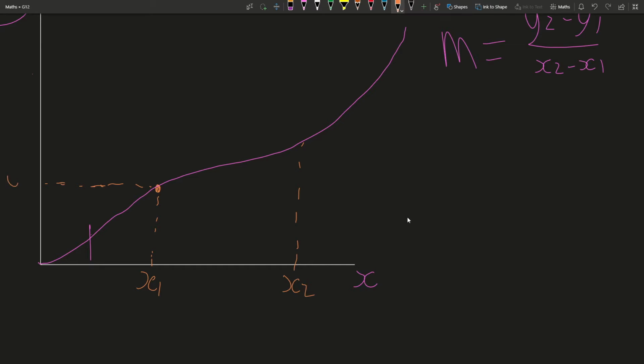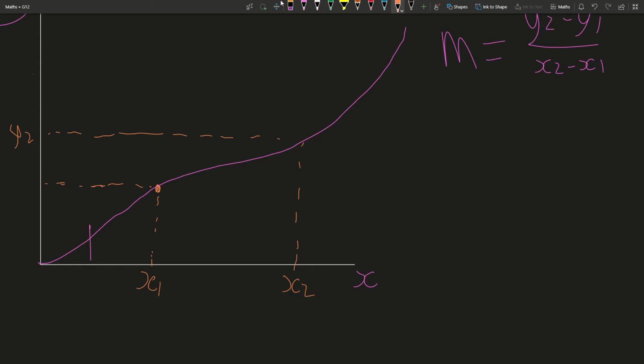We're going to do something similar, except over here we're going to change the name of y1 and y2. We're going to talk about it in terms of the actual equation.